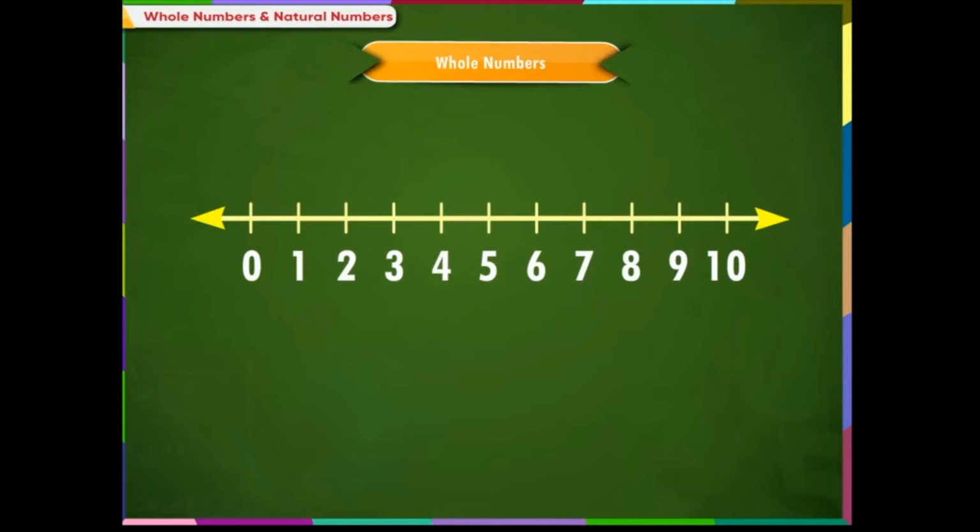For example, 1 is the successor of 0. 9 is the successor of 8. The value of a whole number increases as we go from left to right in a number line, and the value of whole numbers decreases as we go from right to left.